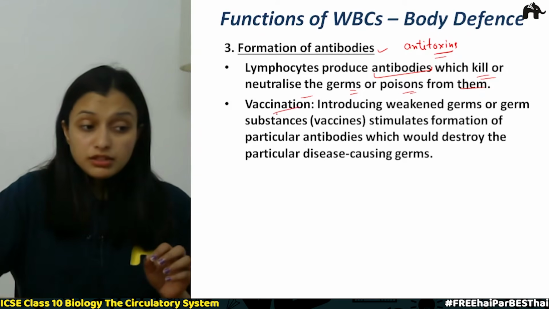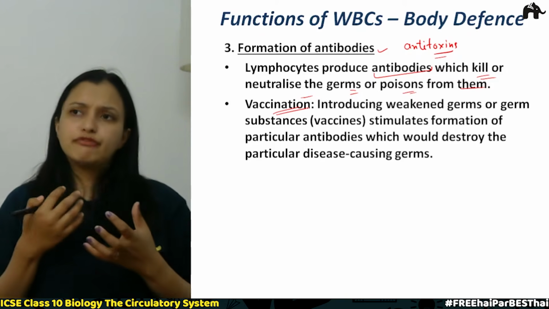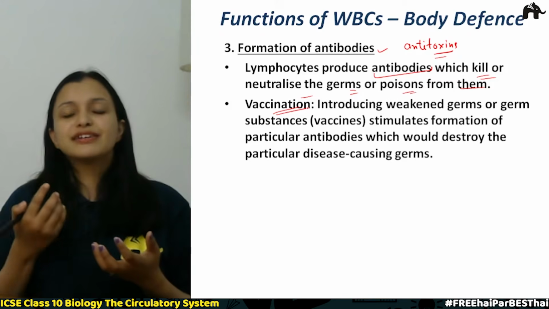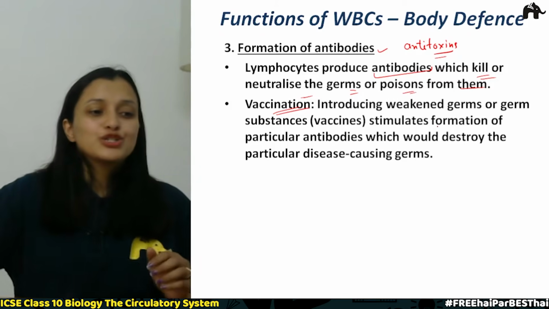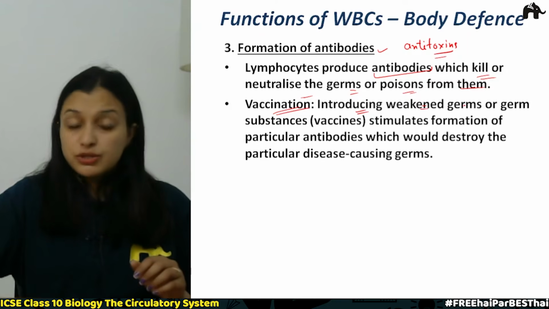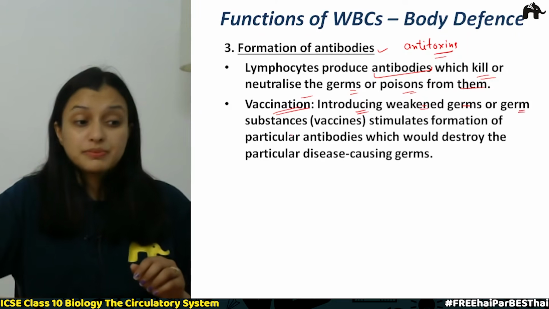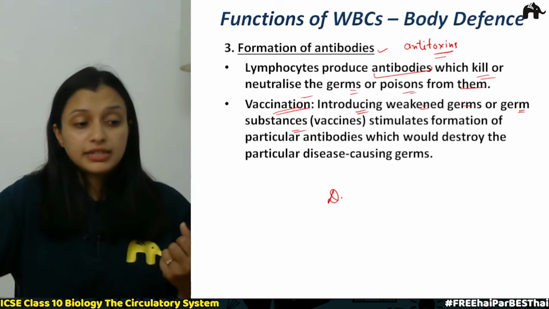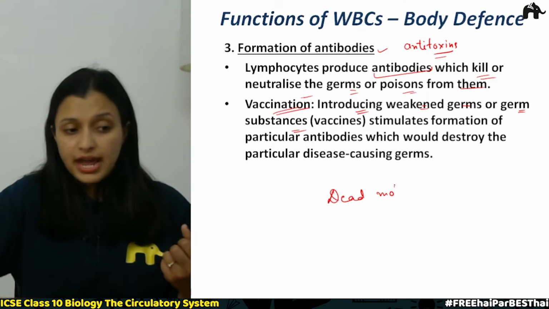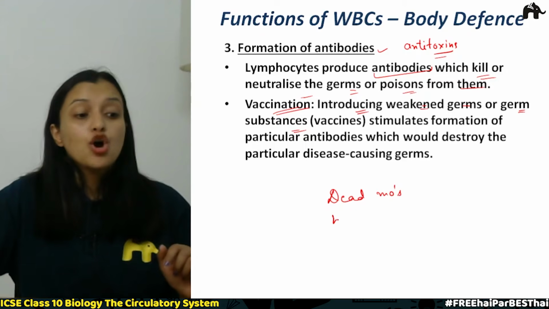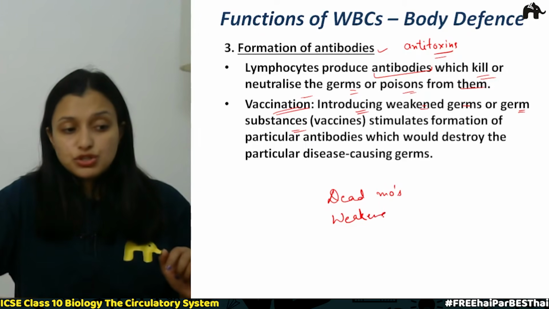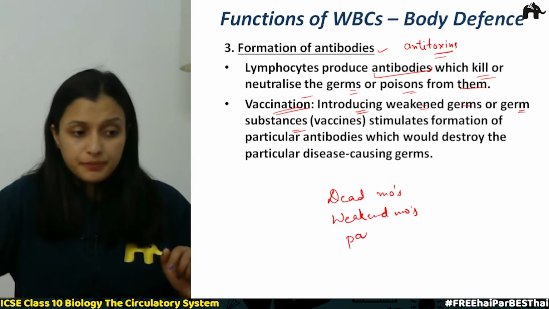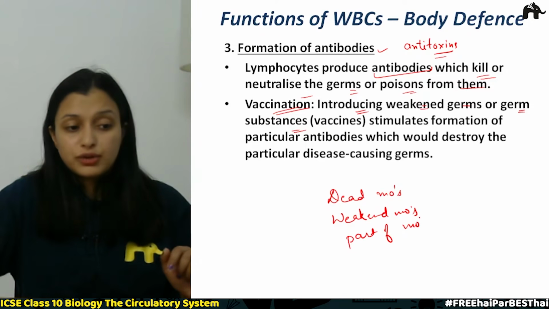Now, vaccination. You must have heard about vaccination. It is a very common word after COVID, right? It means introducing weakened germs or germ substances, their proteins. Either you take a dead microorganism, that pathogen basically, or a weakened pathogen, or any part of that microorganism.